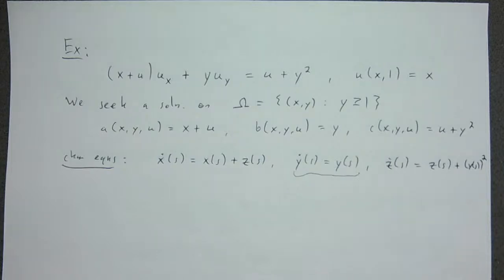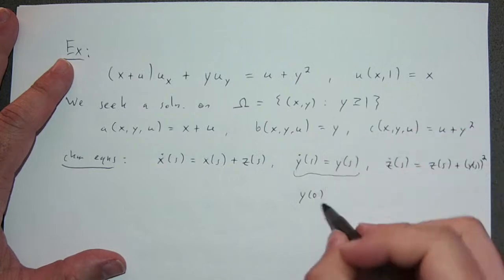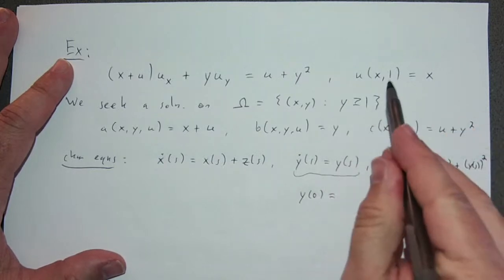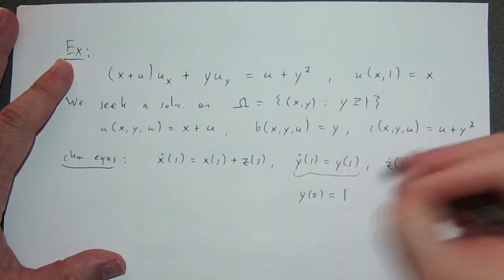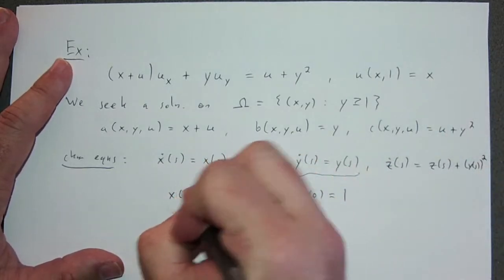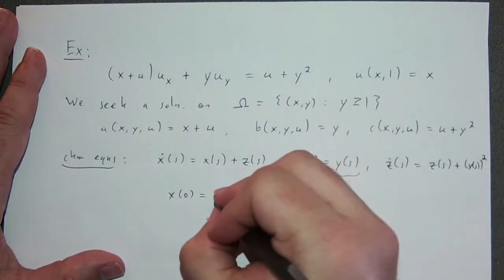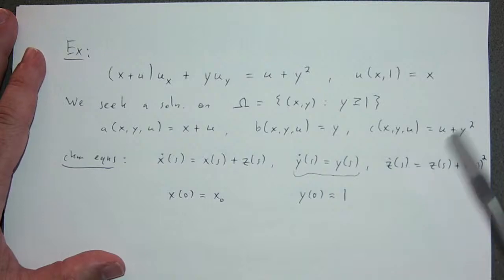I can go ahead and write out the initial conditions here. So what are my initial conditions? My initial condition for this one is I want y at the s equals 0 parameter value to be equal to 1 here, right? And I want x at the s equals 0 parameter value to just be like a generic point x naught.